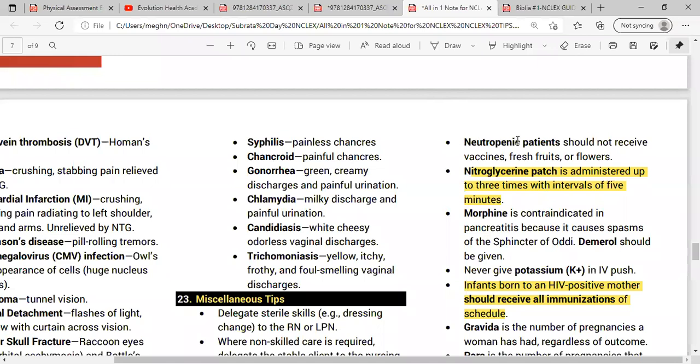So it is good not to give them fresh flowers or fruits because this is a source of infection, and they also should not receive the vaccine, because infection control is the top priority.